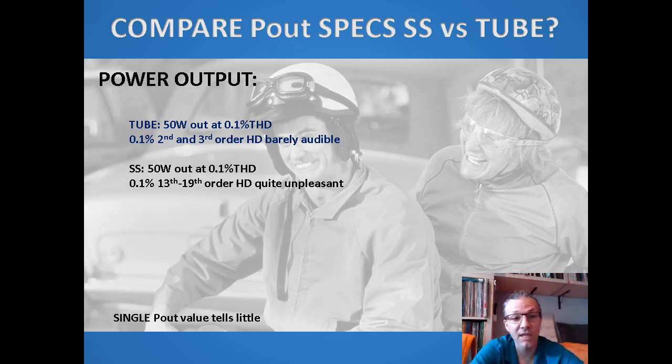Another interesting thing to think about with distortion is that if you have a tube amp rated at, let's say, 50 watts output with 0.1% THD, that THD will be much less noticeable than the same amount of THD rated at the same power output from a solid state amp, because with solid state, that THD is going to show up as high order harmonics, and that's super nasty.